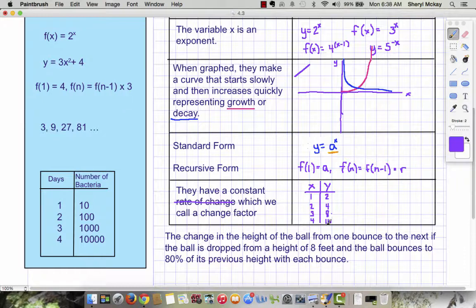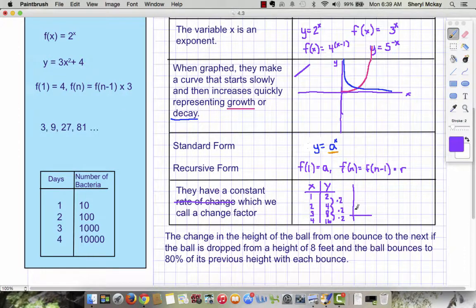So what we're looking for is we're looking for a constant change factor. That means what are we multiplying 2 by to get to 4? Well, we're multiplying by 2. And what do we multiply 4 by to get 8? Well, we multiply by 2. And what do we multiply 8 by to get 16? We multiply by 2.